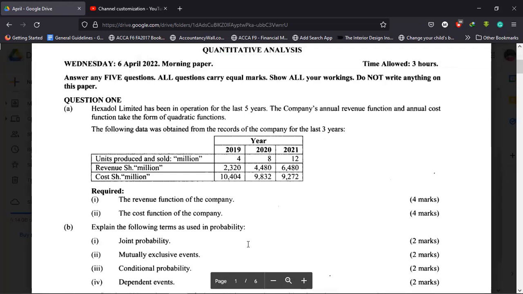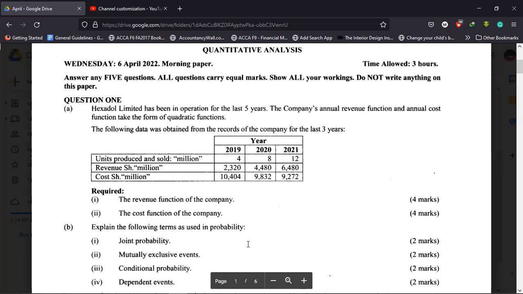The following data was obtained from the records of the company for the last 3 years: 2019, 2020, and 2021. Required: the revenue function of the company and the cost function of the company.